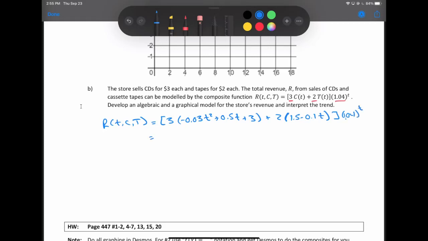And from there, we can do a little bit of collecting like terms and see what happens. So that'll be negative 0.09t squared plus 1.5t plus 9. Oh, I should use round brackets in the right places here.